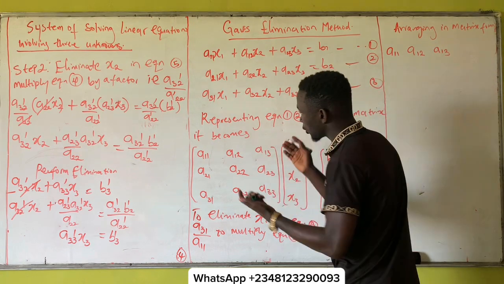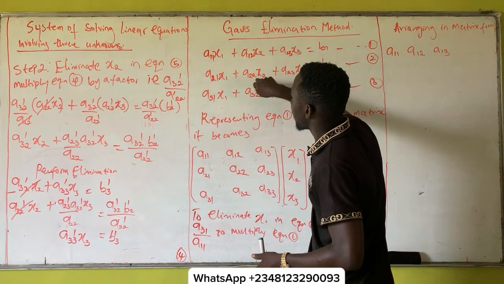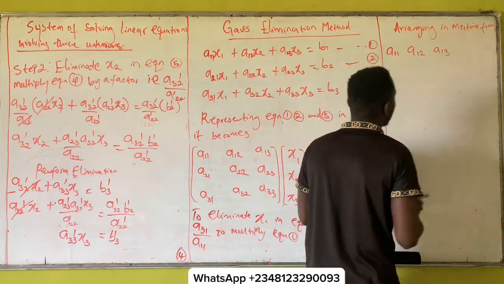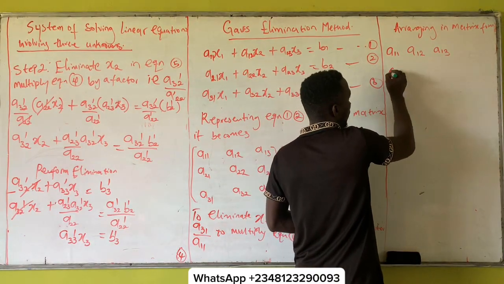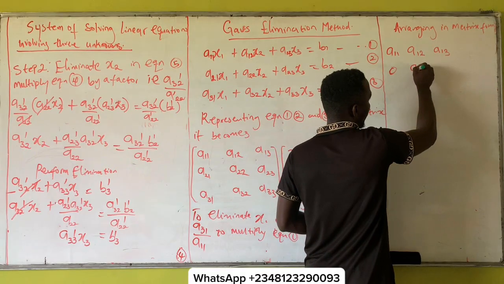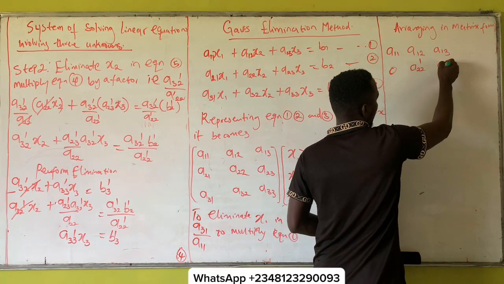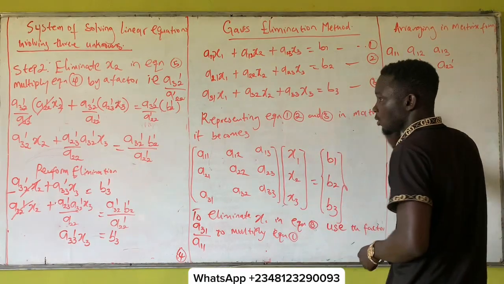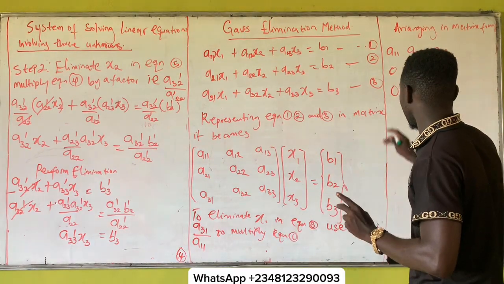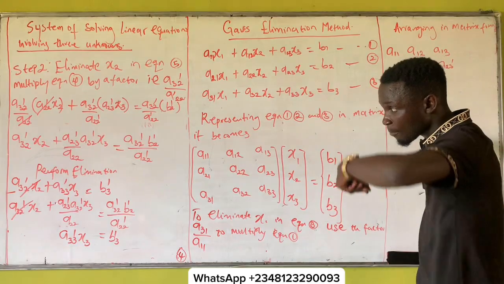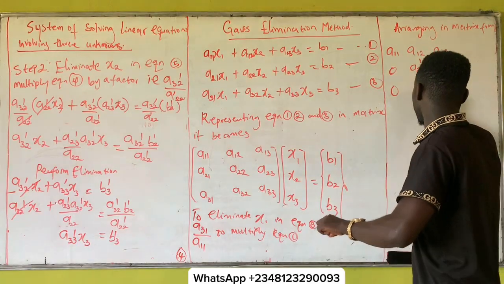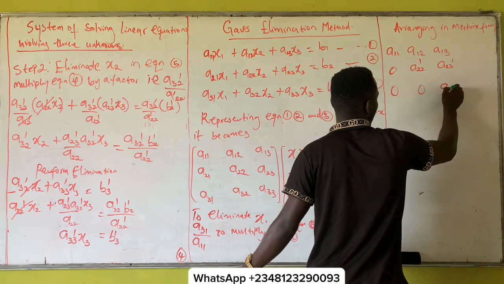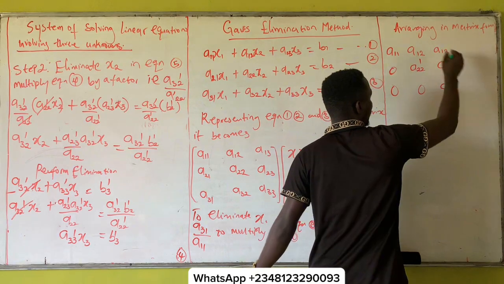Then we perform elimination where we eliminated this one from equation 2. From the elimination, we got here becomes 0, and we got A22 prime and what? A23 prime. And then on equation 3, sorry, I got 0 here. Then we perform another one on equation 3. I got 0 here, and we are left with what? This one here, which is what? A33 prime.